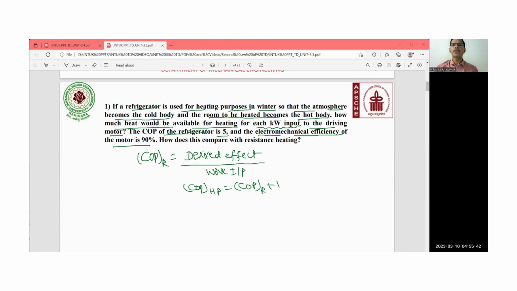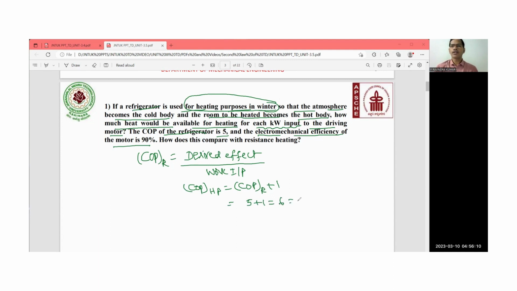A refrigerator is used for heating purposes in winter. Try to understand this particular thing, right? So that means it is going to come out as a heat pump problem. So the COP of the heat pump is given as 5 plus 1, that is equal to 6.